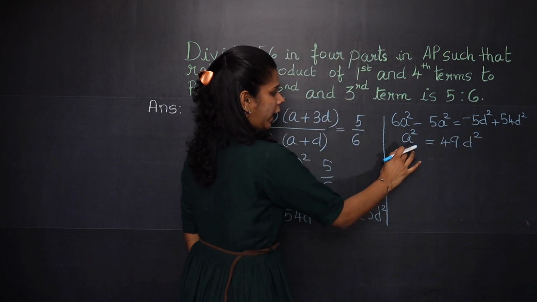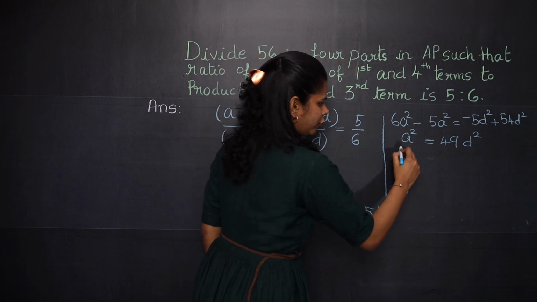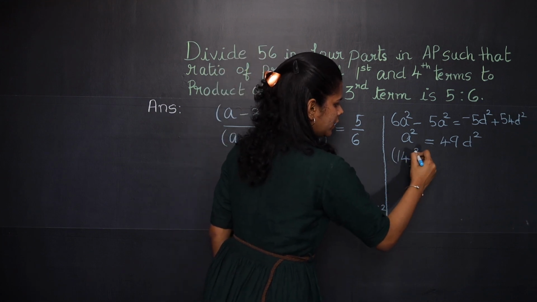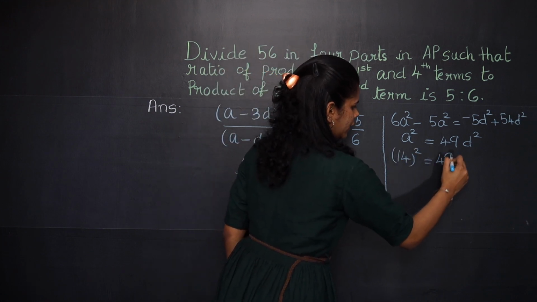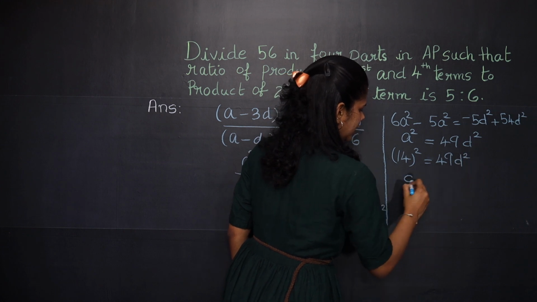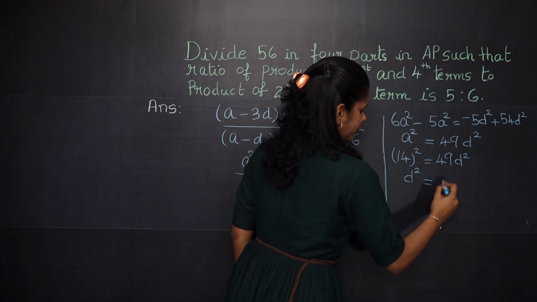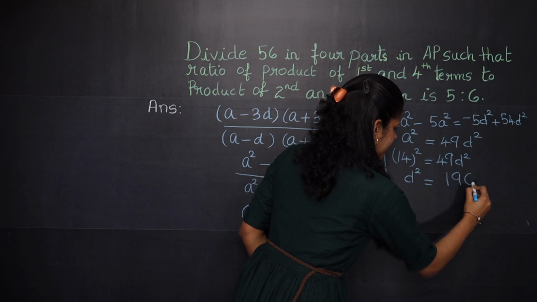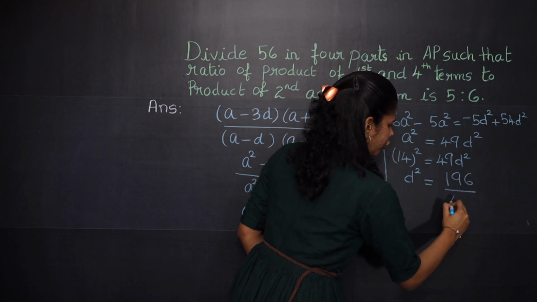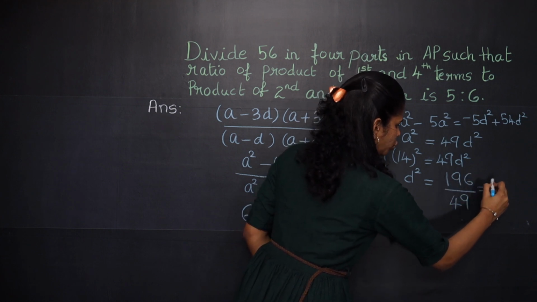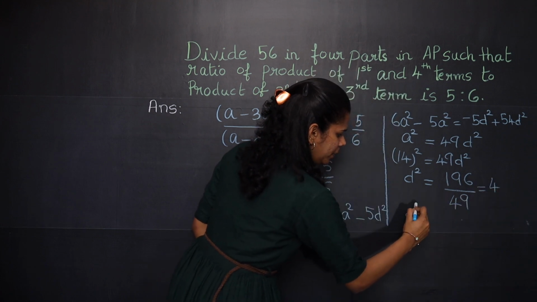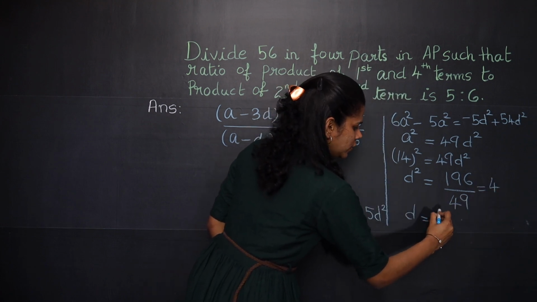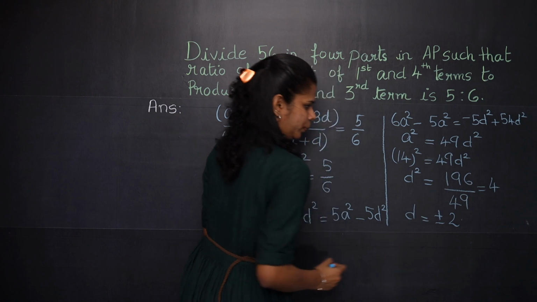So you know a is 14. So 14 square is equal to 49d square. That is d square is equal to 196 divided by 49, which is equal to 4. So d will be equal to plus or minus 2.